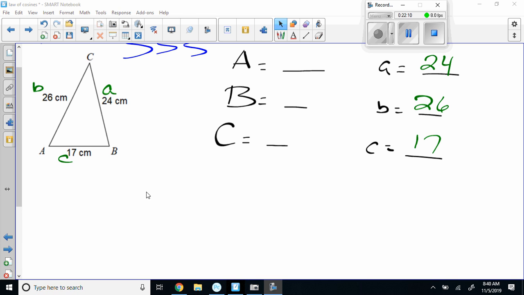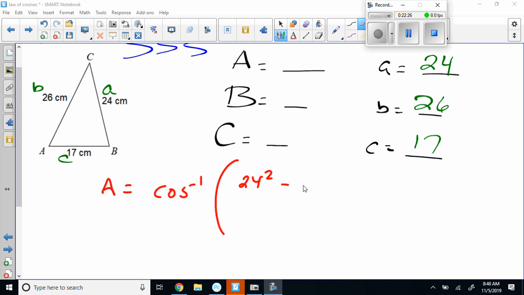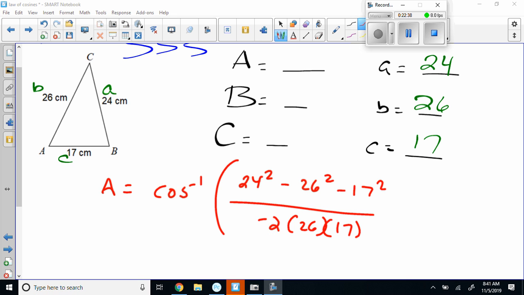All right. Angle A. You found a shortcut? So that's 24 squared minus 26 squared minus 17 squared all over -2 times 26 times 17.